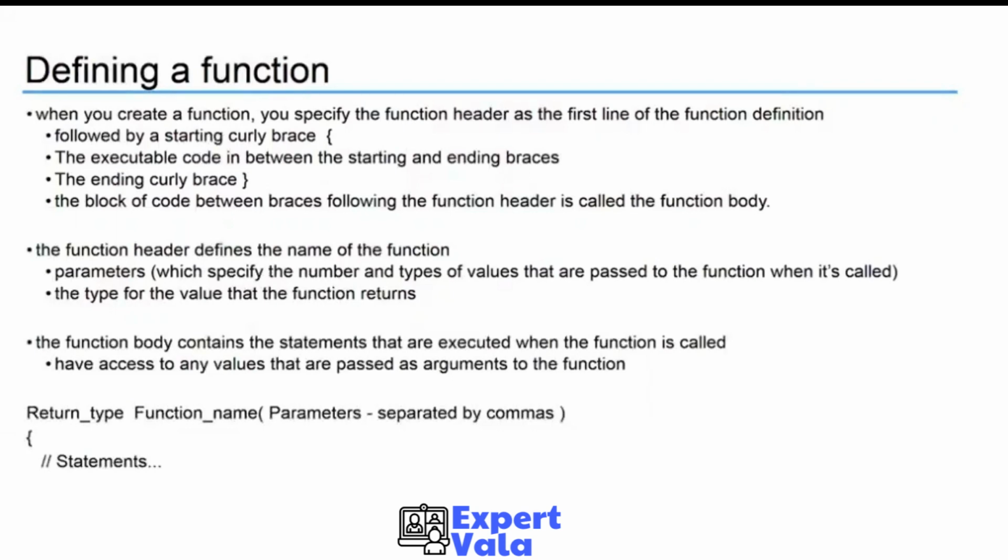That will be the data that's passed to the function. And then you have the right parenthesis to end the function header. Then you have the curly brace that signifies the start of the function implementation, and you have any number of statements to do a task.